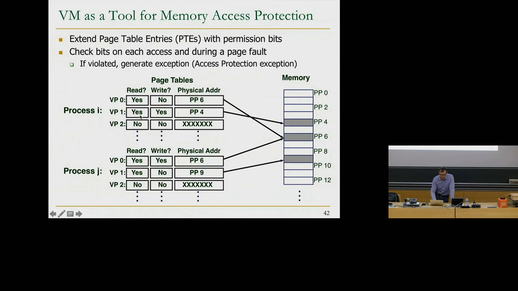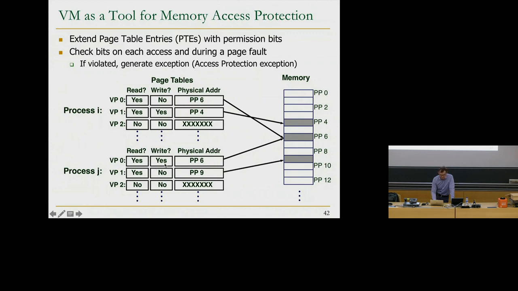Again, for example, this picture shows that virtual page 0 is readable by this process, but not writable. And it happens to be here. And it's shared with process J, which has different permissions to that page, as you can see. It can read and write to it.